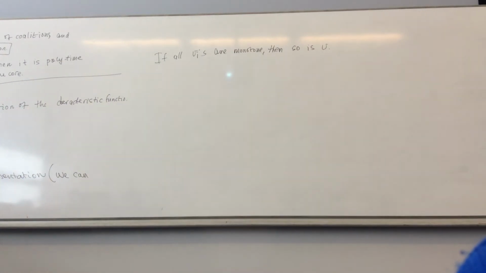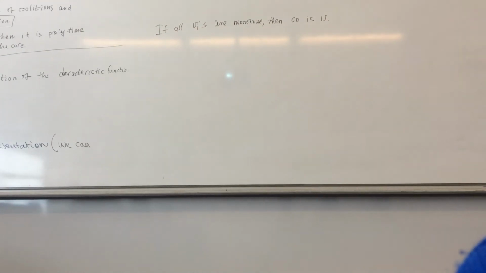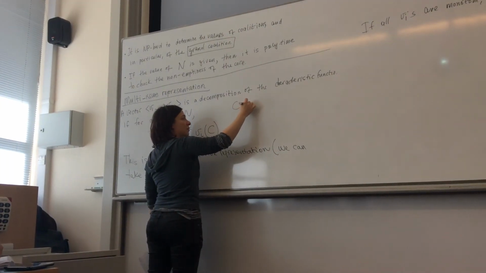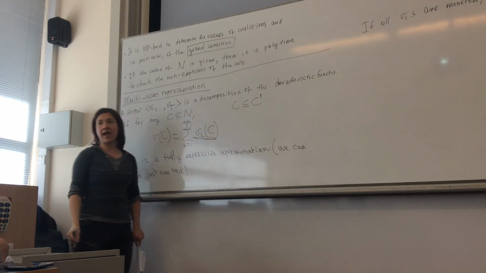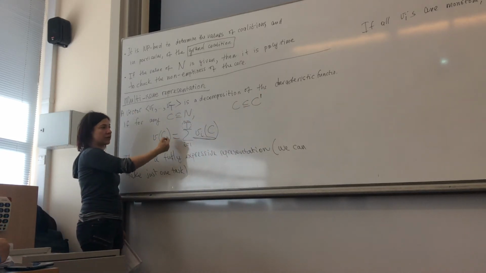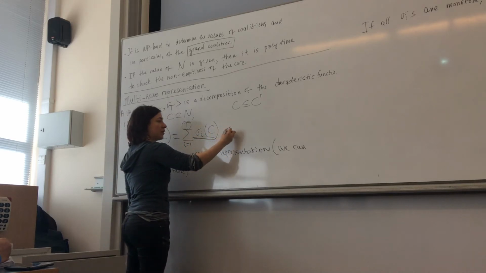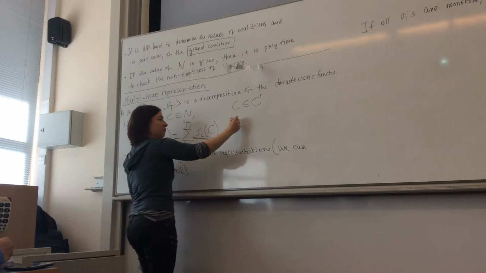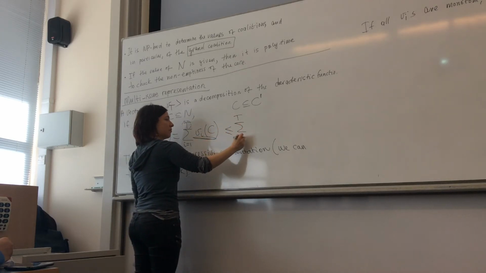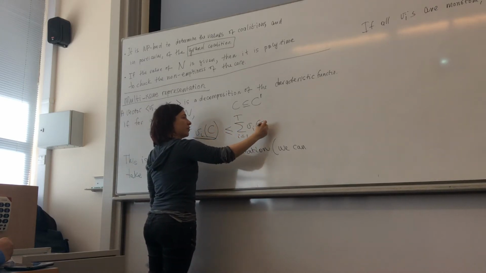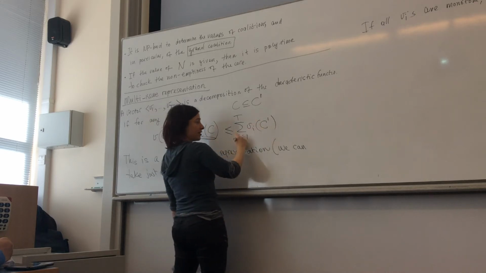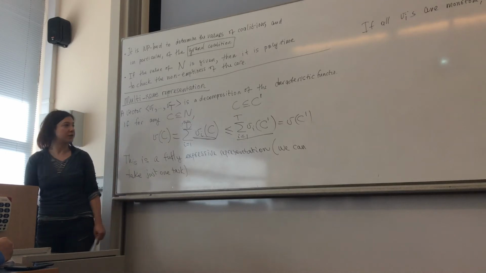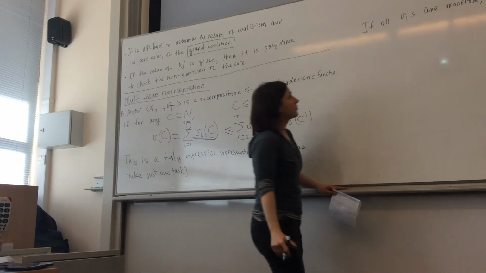Okay, so if we have some coalition C and we have some coalition C prime that contains it, say the value of C would be this, then by monotonicity of each one of these, this is less or equal than the sum of those for C prime, and that's the definition of the value of C prime.